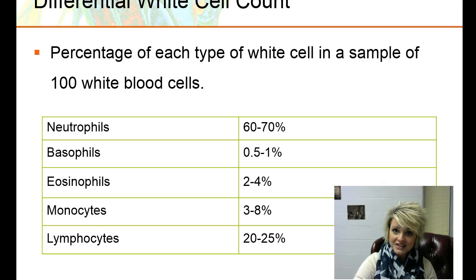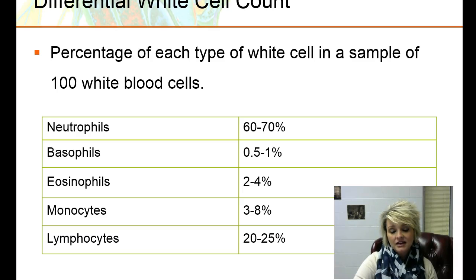So if I have a patient who's sitting in front of me and their eosinophil count is elevated and they're not having an allergic response, that automatically points me in the direction of a parasitic worm infection, because these are the cells that are going to be responsible for trying to break down parasitic walls.